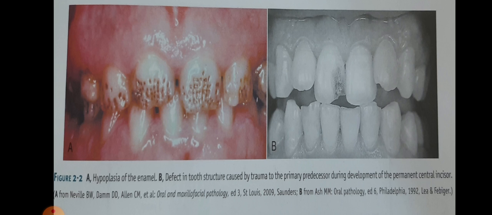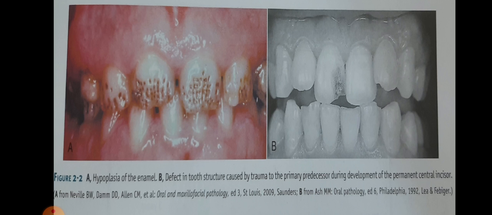A number of congenital malformations involving the teeth are evident, with some the result of endogenous factors and others the result of exogenous agents.